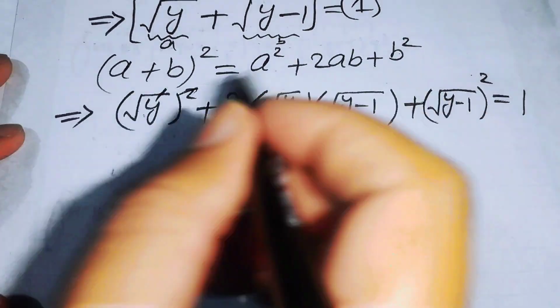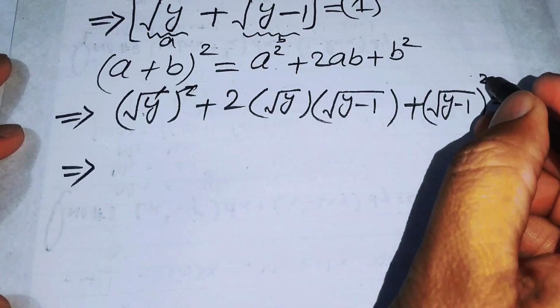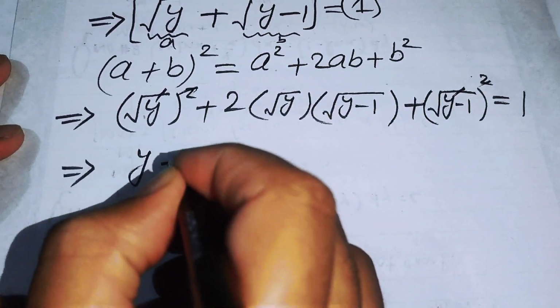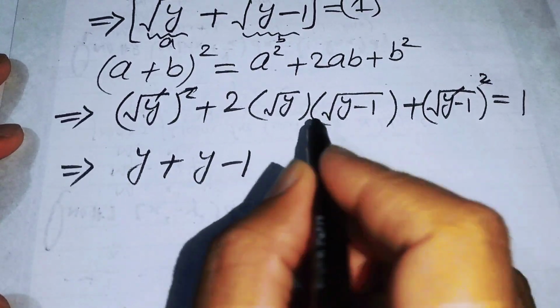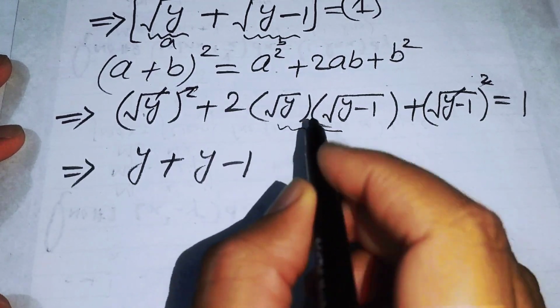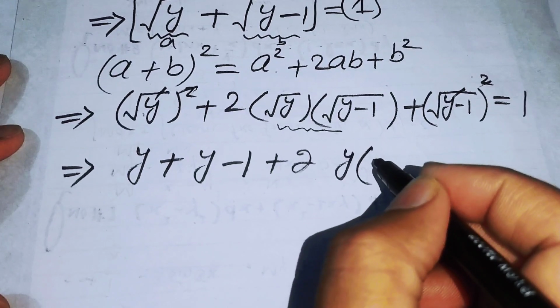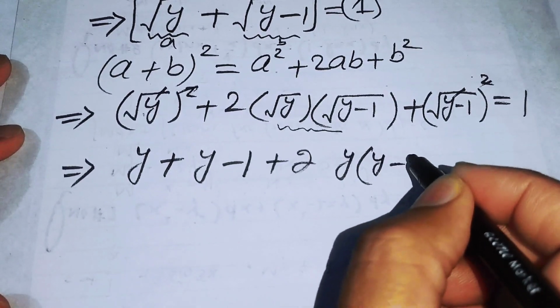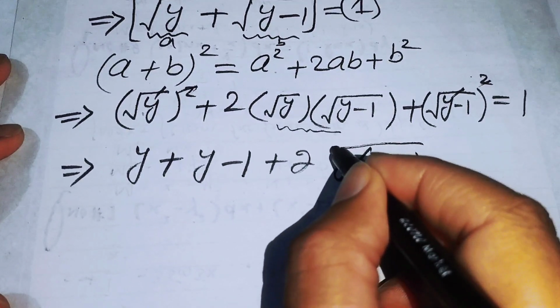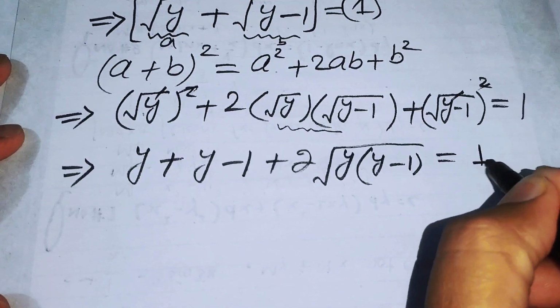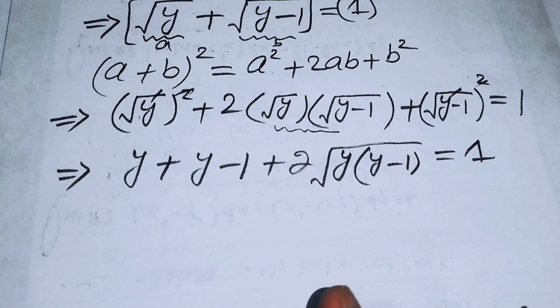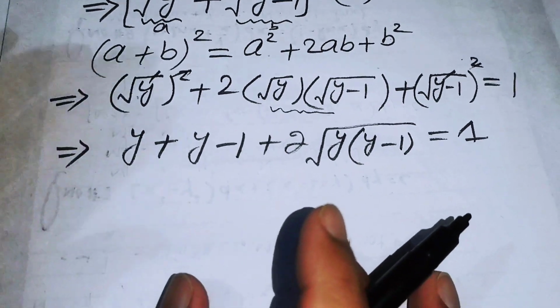After that these squares are gone, and finally we get here y plus y minus 1, and we will combine these two square roots and write it as square root of y times y minus 1, is equal to 1.